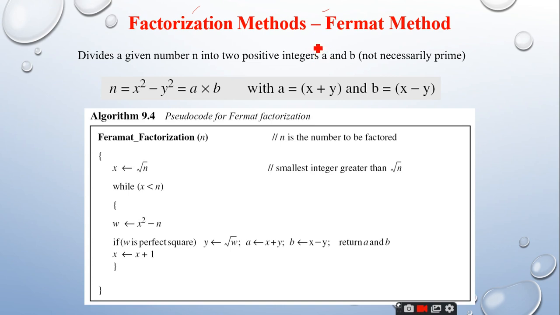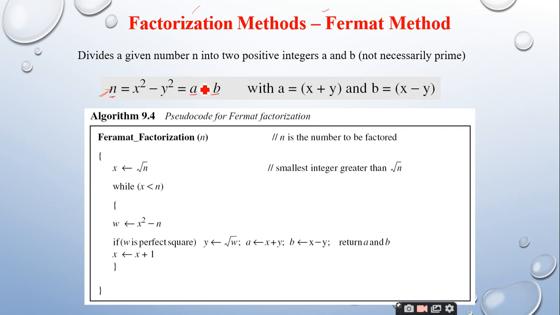In this method, if you are given a number n, you are going to identify two numbers a and b, such that if you multiply a and b, you will get n.